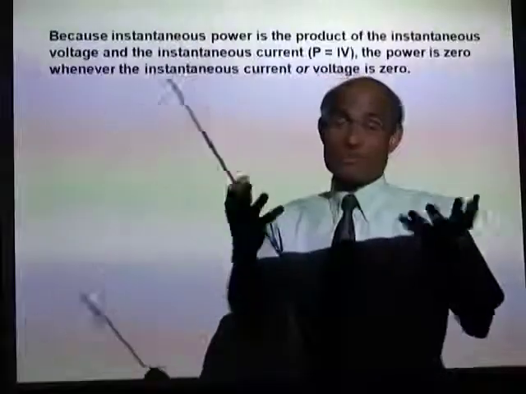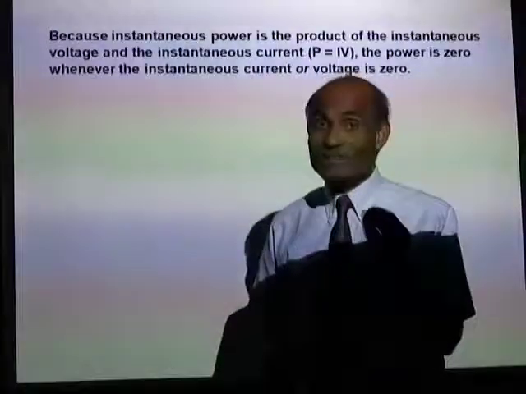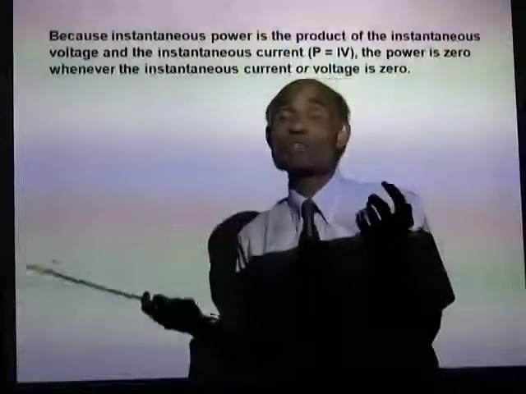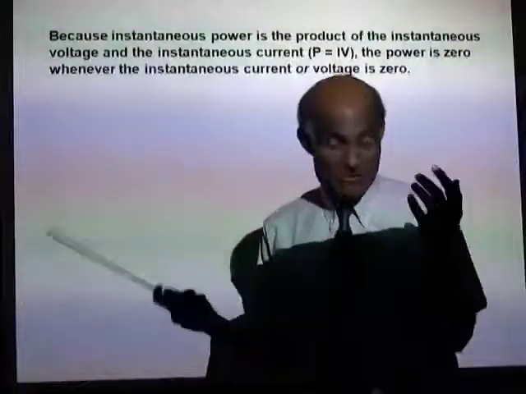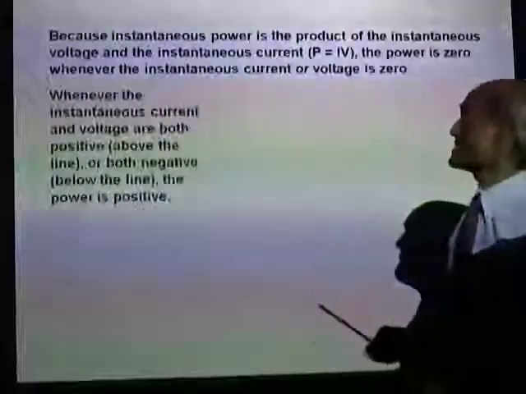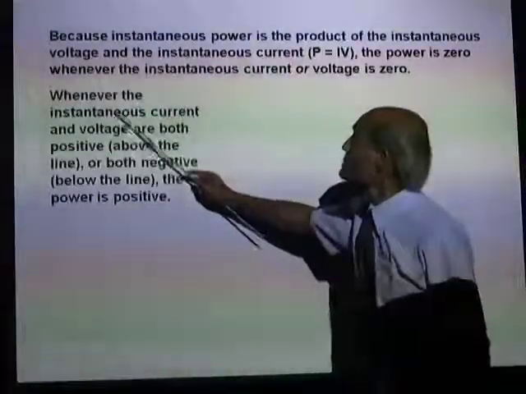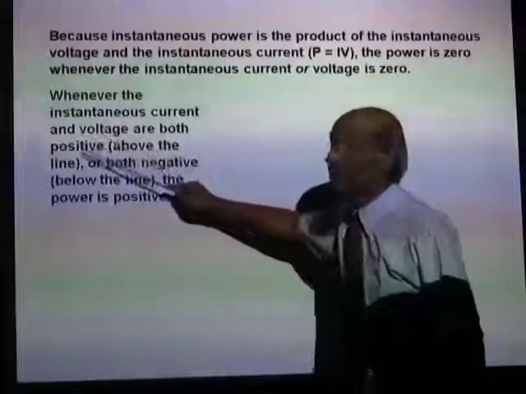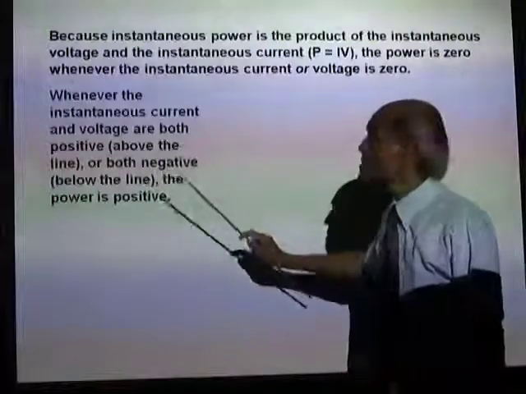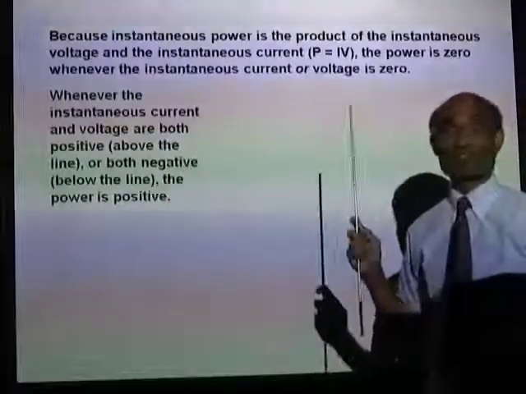The two multiplied will make it positive. But in the case of an inductor, the voltage and current are not in phase, and therefore the power can be positive or negative. Whenever the instantaneous current and voltage are both positive or both negative, the power is positive.